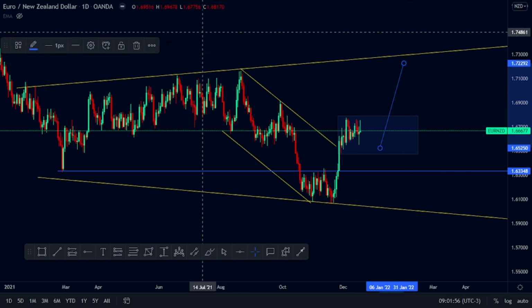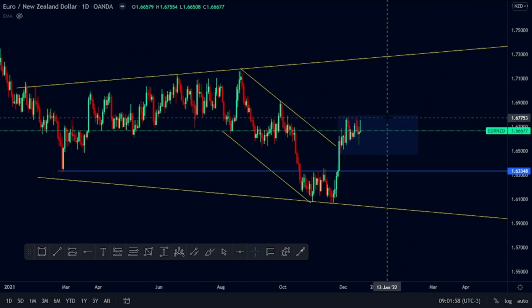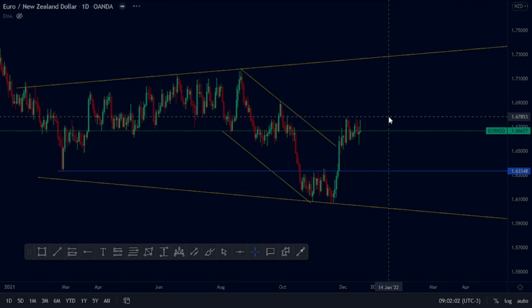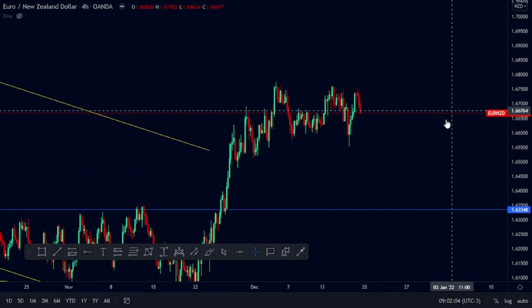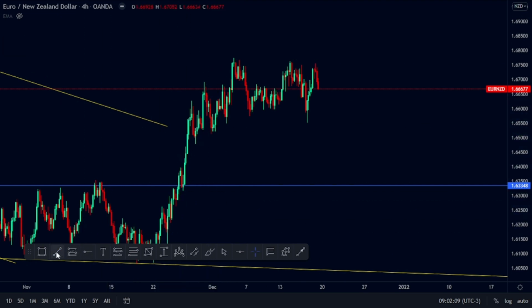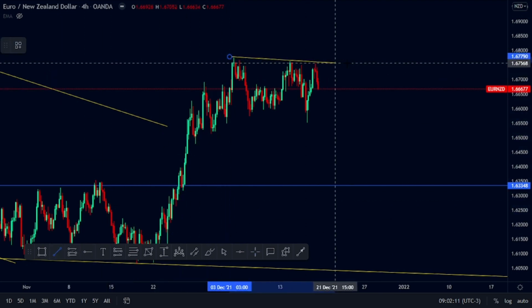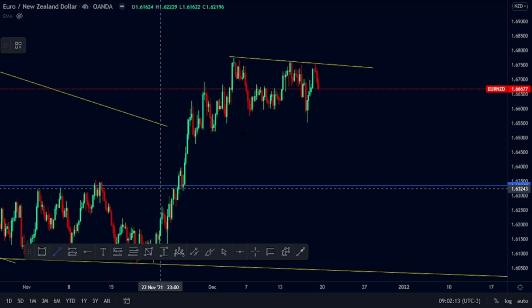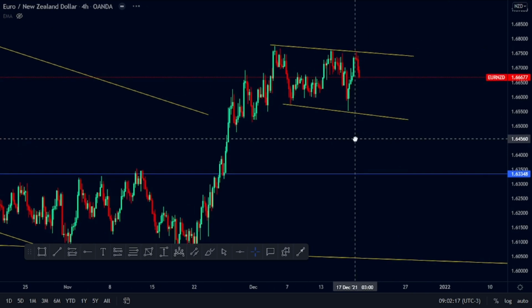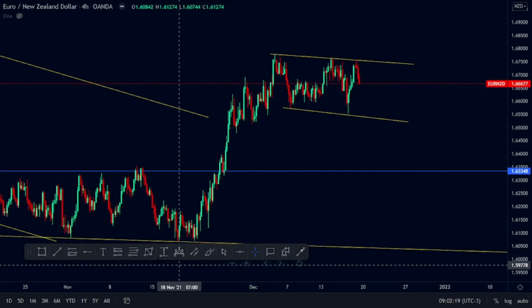Since we want to accompany the move towards the upside, how are we going to catch the move? We're going to the 4-hour time frame. This is what we're currently having. We're having a strong impulse up, and we're having this flag pattern here. So what is it that you want to see?